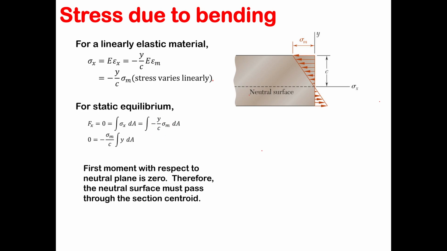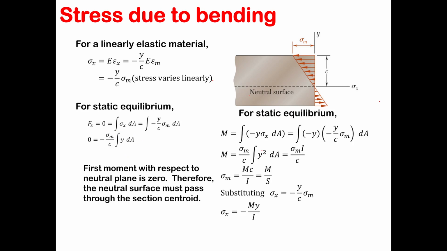Which means you get to this equation for the force balance, right? We also know that the first moment with respect to the neutral plane is always 0, which means that the neutral surface must pass through the section centroid, right?